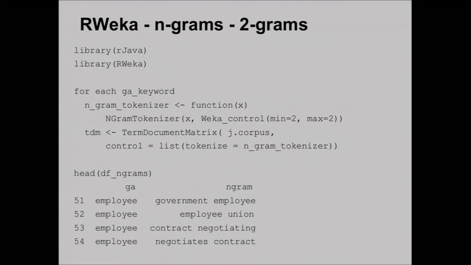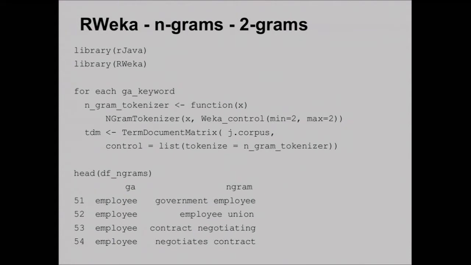And we use a library called RWeka, and it actually depends on another library called rJava, so we can connect into Java through R. And rJava is obviously used quite a bit, and it's a pain to install for those of you who are interested in doing that. Anyway, what RWeka does is that we're going to create a TDM again, like we did before.